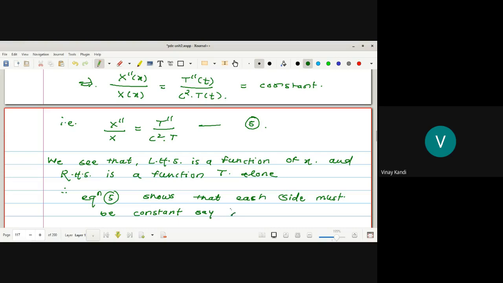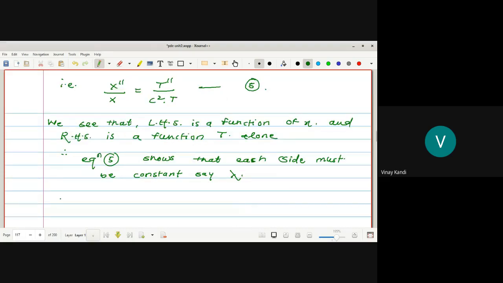Say that constant is lambda. So we can write X double dash upon X is equal to T double dash upon c square into T is equal to lambda, where lambda is the constant.